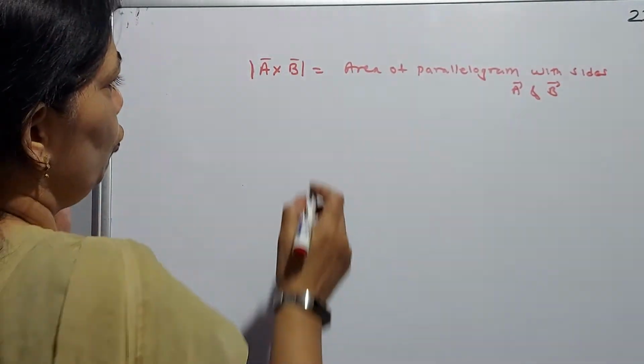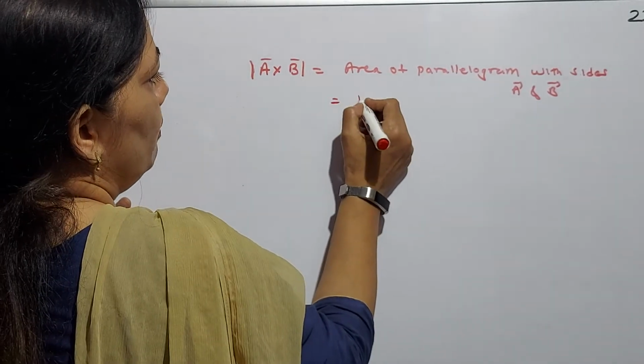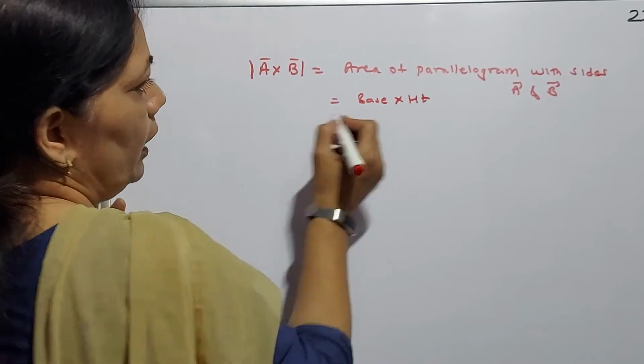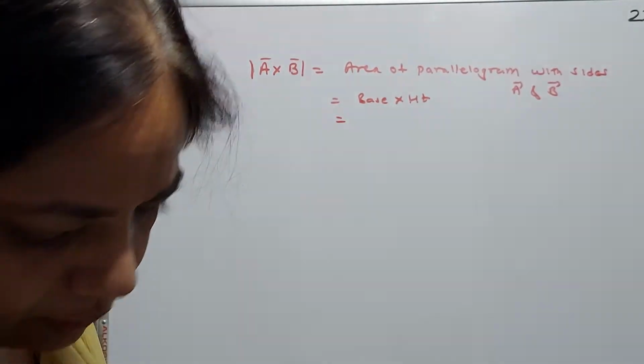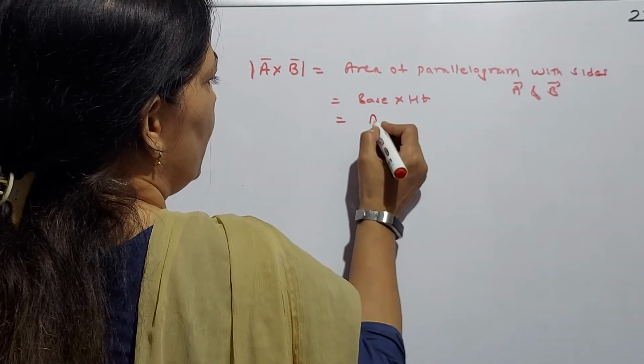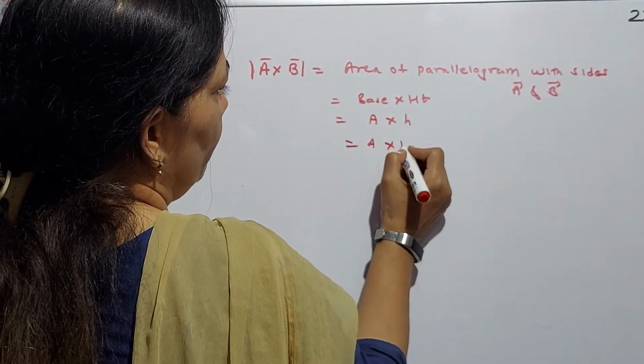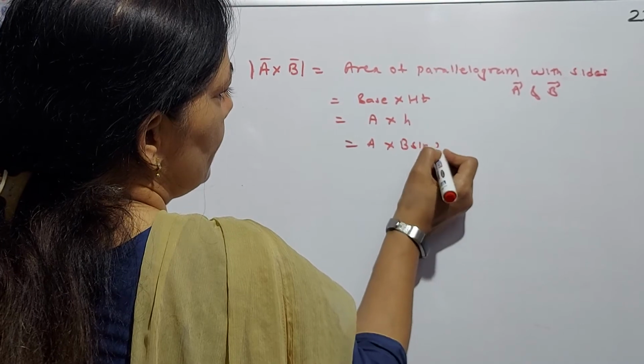Next. So by definition, the area of a parallelogram is equal to base into height. Correct? Simple definition. So here base will be A, height will be h, and that will be nothing but b sine theta.